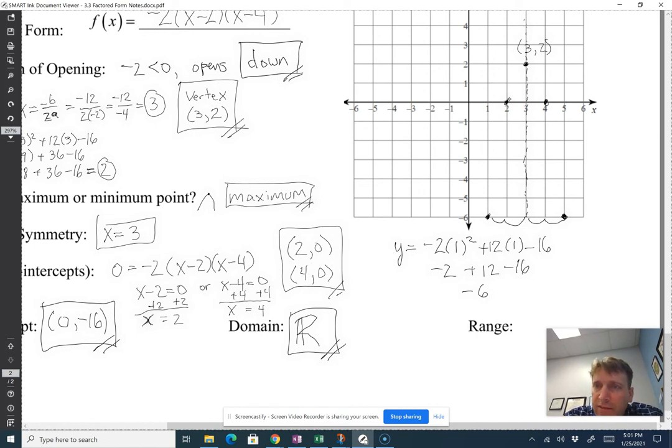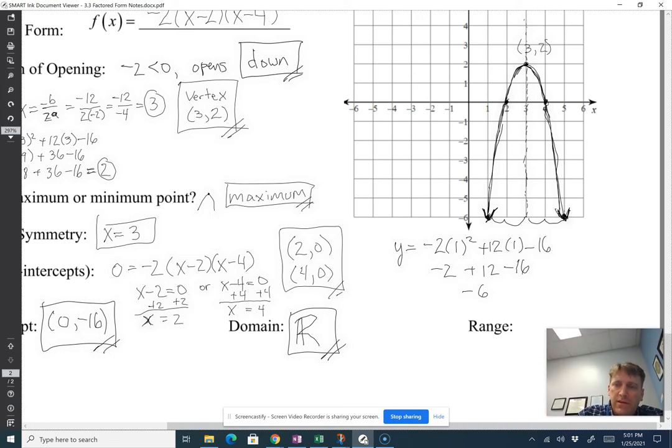So now we can graph this, making it a curve. Take your time, be neat. And then remember the arrows to show that this continues on downwards.